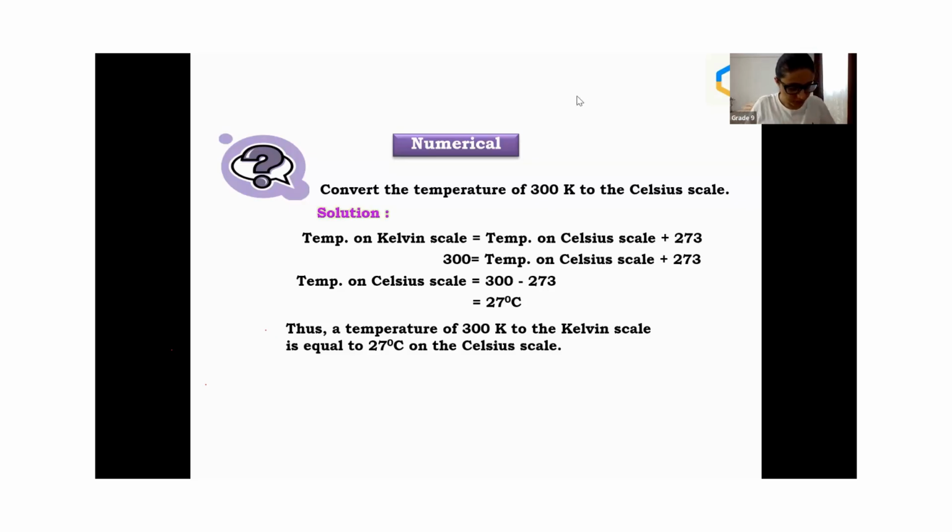Okay, wait. So the question was minus 10 degrees Celsius to Kelvin. So here we will do what? K equals degrees Celsius plus 273.15. Everybody has used this formula. Then minus 10 plus 273.15. What will be the answer? You need to subtract it. Then you will get the answer, 263.15 Kelvin.